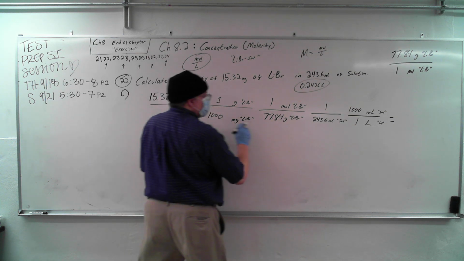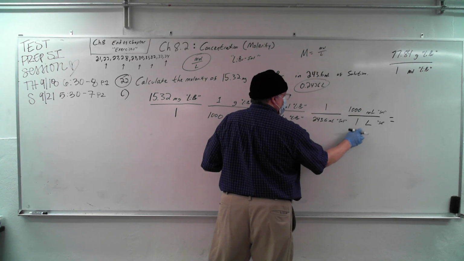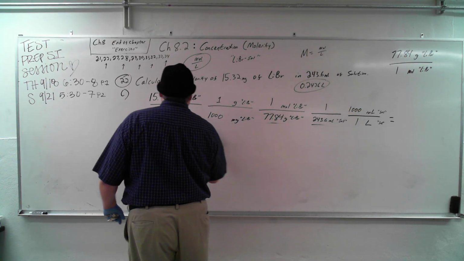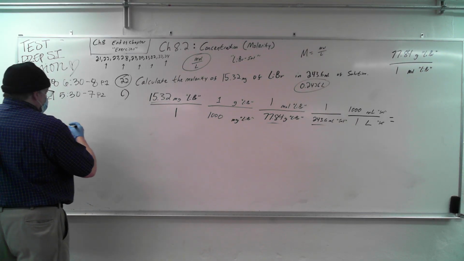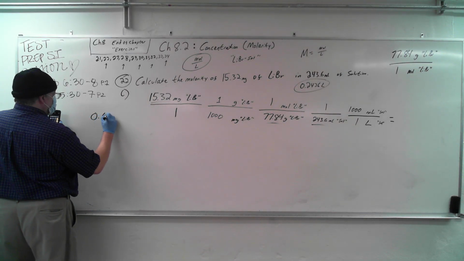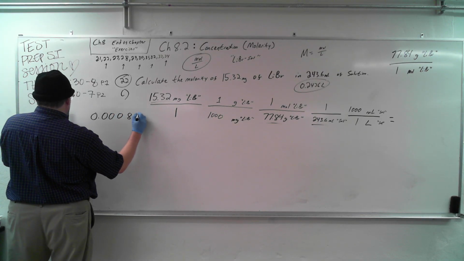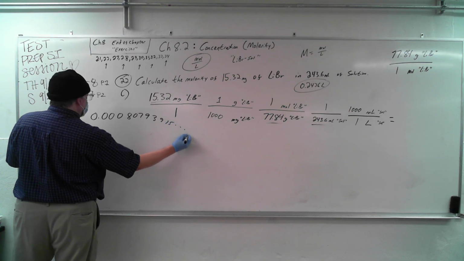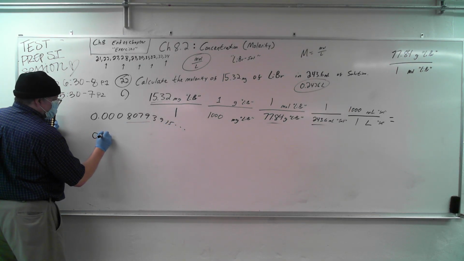That's exact. That's exact. That's exact. And both of these are exact because they're metric to metric conversion. 4 significant figures, 4 and 4, so I need 4. My calculator says there's my 4. The 3 doesn't round to 9, so I can write this.